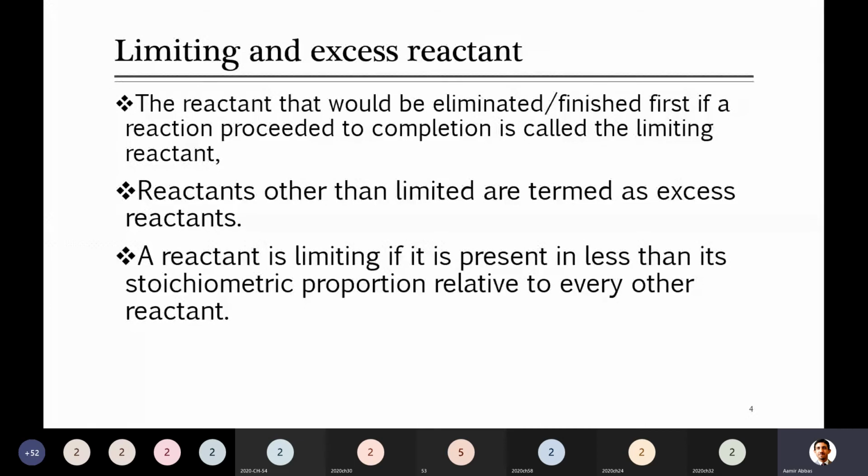But now I'm telling you it is 2 moles of heptane to 11 moles of oxygen. If you simplify this ratio, it will be 1:5.5. Do you agree with what I'm saying?